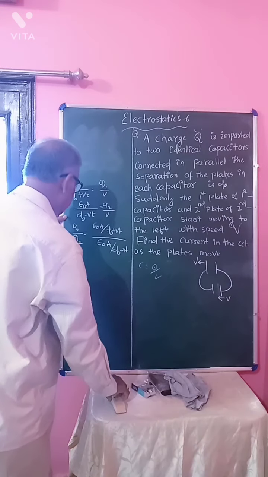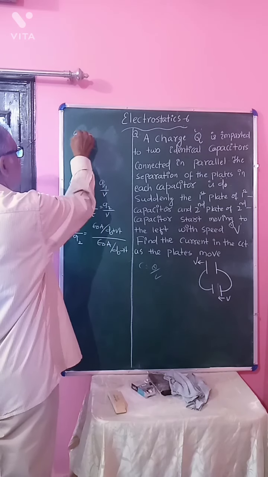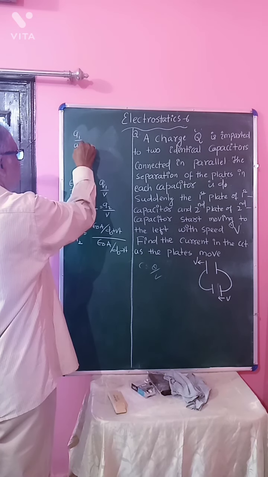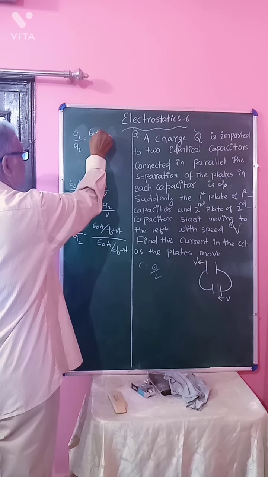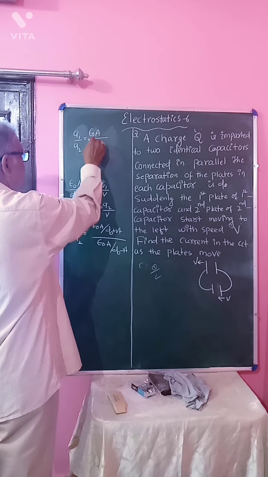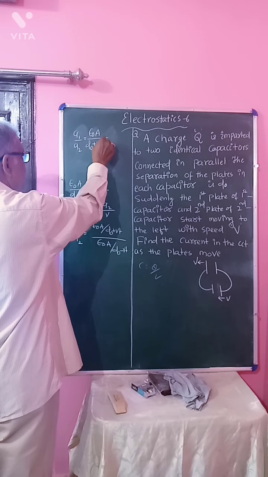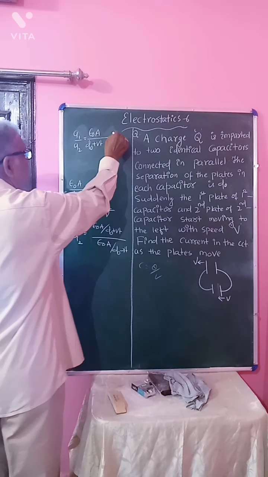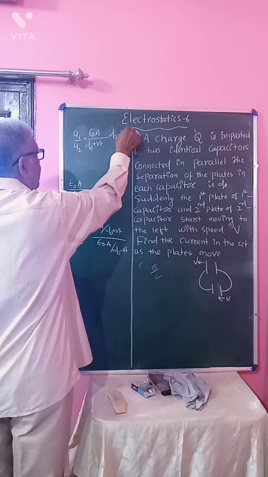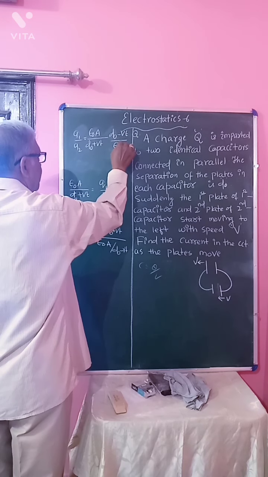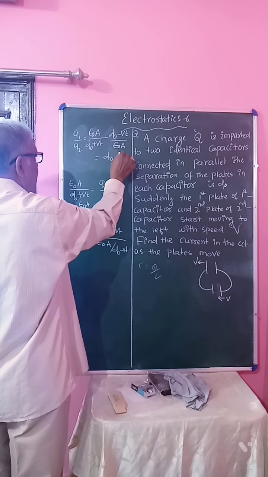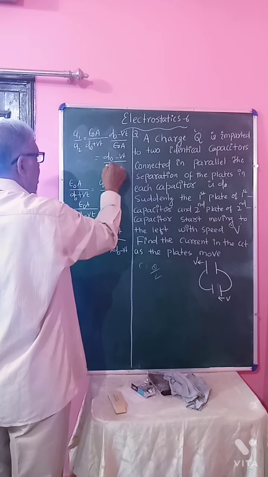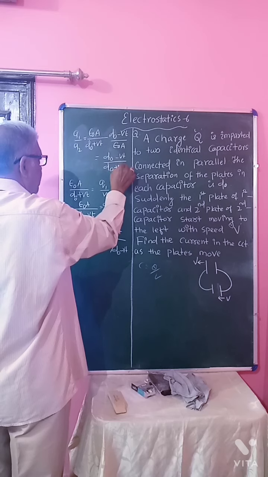we have Q1 by Q2 equal to epsilon 0 A into d0 minus vt divided by epsilon 0 A into d0 plus vt, that is, d0 minus vt by d0 plus vt.